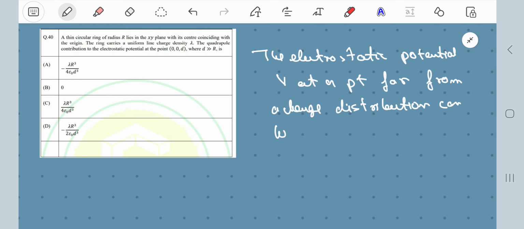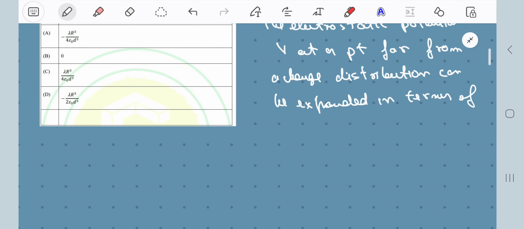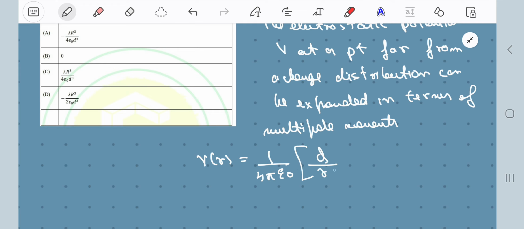can be expanded in terms of multipole moments, as V(r) is equal to 1 upon 4 pi epsilon naught times q over r plus p dot r cap over r square plus half Qij ri cap rj cap, the unit displacement vectors in the direction of i and j, over r cube and so on.